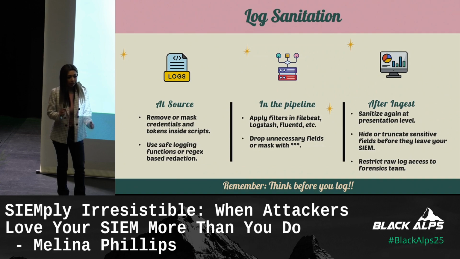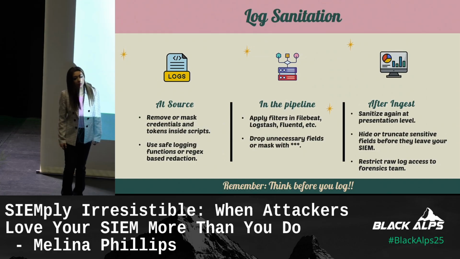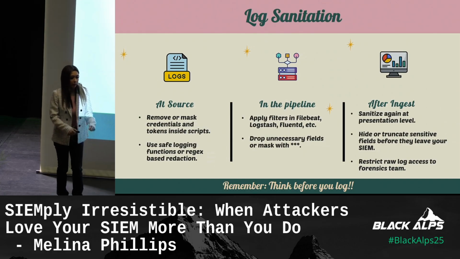Just make sure you're selecting what you're actually going to need. After ingestion, sanitize again on presentation. Just make sure you're parsing or extracting the sections that are going to give you exactly the context that you want to see. Restrict raw log access to the forensics team. If there's no real reason for somebody to be looking at these logs, just don't show it to them.